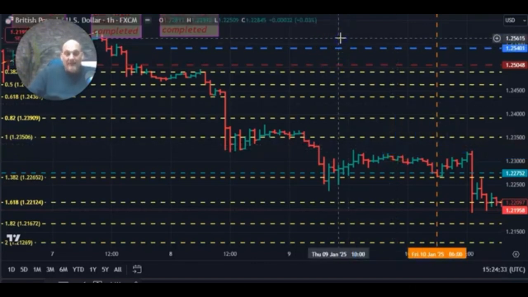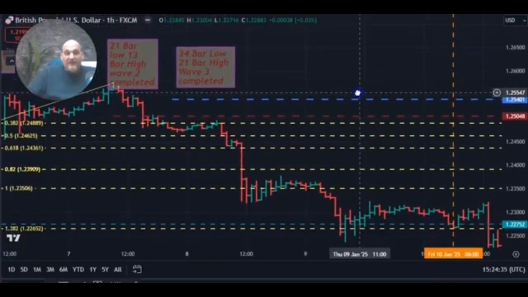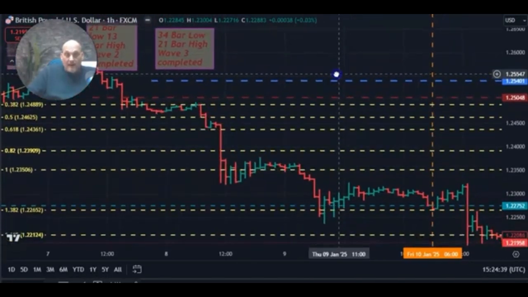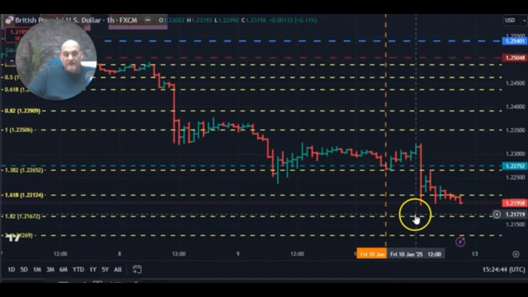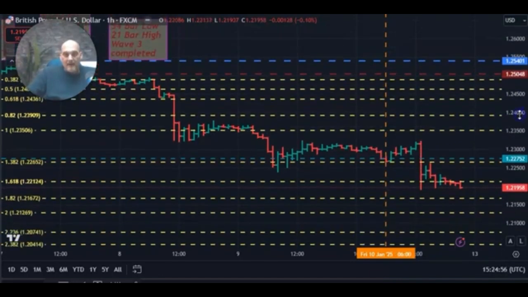Where is wave 3? Wave 3 is a 34 bar low with a 21 bar high. Actually it takes us right to this marketplace right here. Right there is our 34 bar low so far. It hasn't been taken out yet by a 21 bar high. So the marketplace is still evolving.